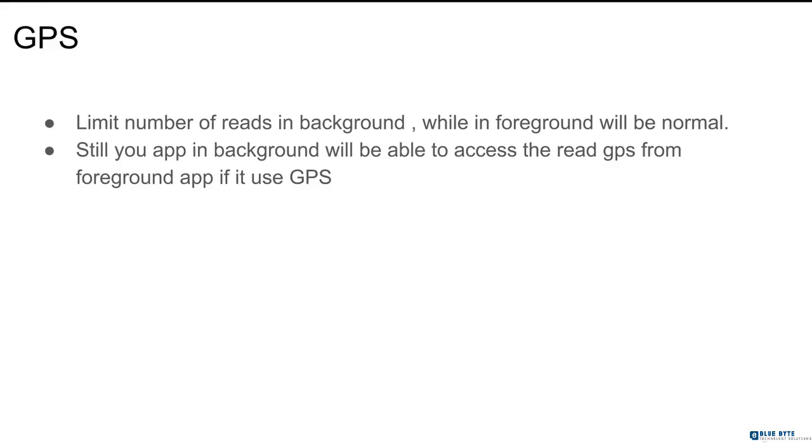So if the value is already read, and your application is working in the background, you are still able to read that data. So now you have to think at this point. If I'm targeting devices before Android O, that's okay, I can still read GPS unlimited times. If I'm targeting Android O, I have to know I have a limited number of accesses if my application goes to the background. So keep this in mind when you develop your application.